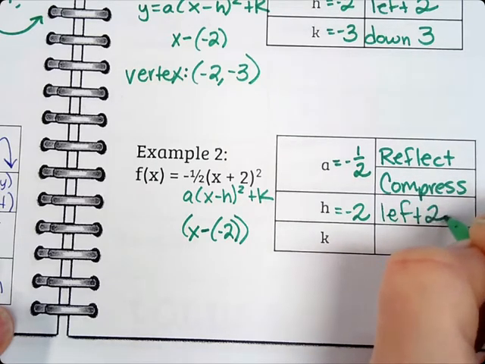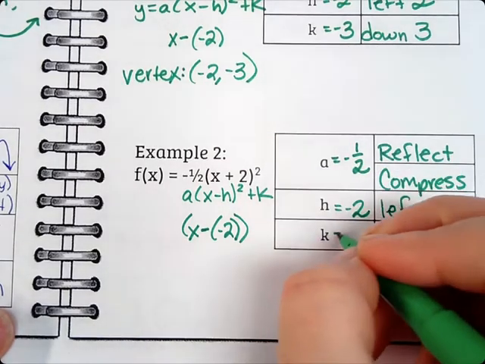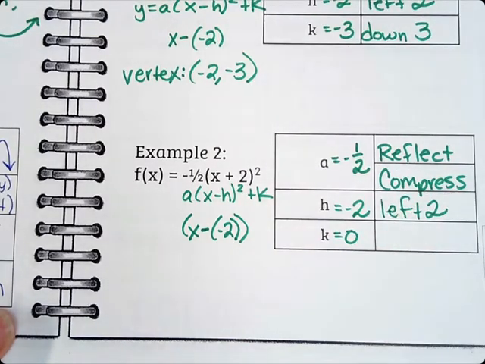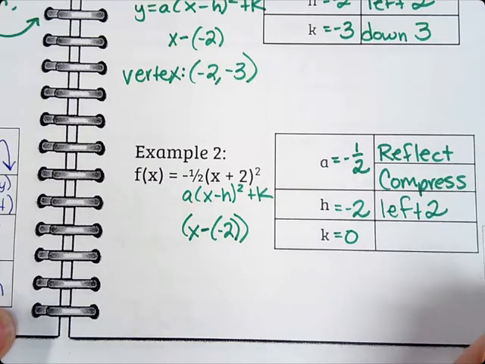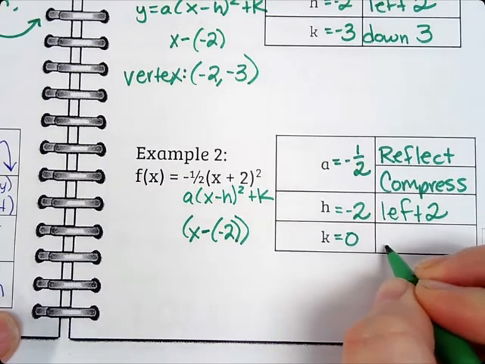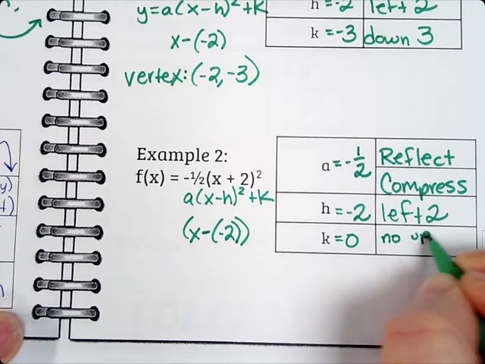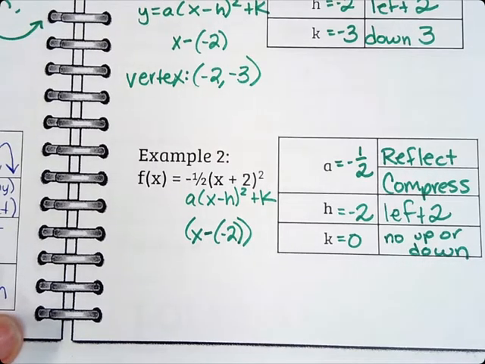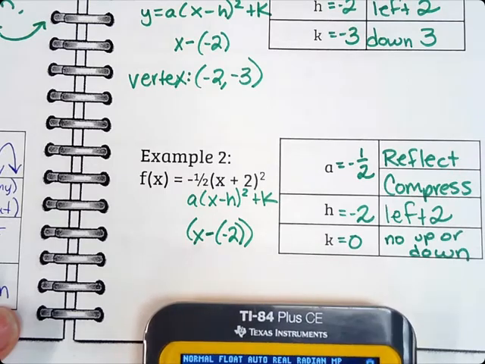Left 2. What's the k value? 0. So is it going to go up or down? No, up or down. So let's graph it and let's see what it looks like.